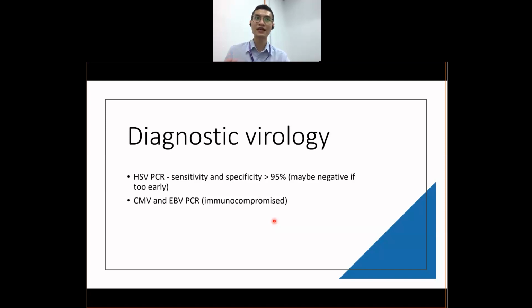For example, CMV and also EBV are more common in immunocompromised patients. That's why usually we find out whether or not the patient is taking any long-term steroid. Are they transplant recipients? Have they had chemo before this? Are they HIV positive? All these are important pieces of history to find out.